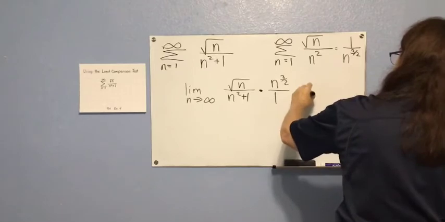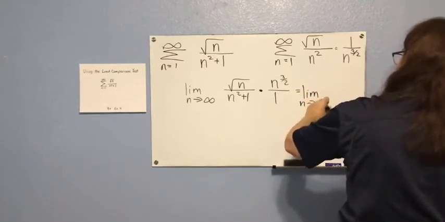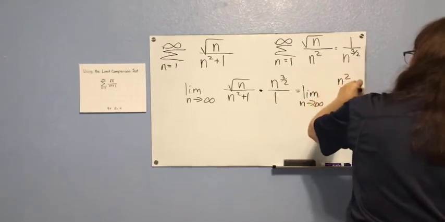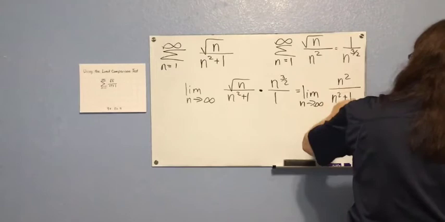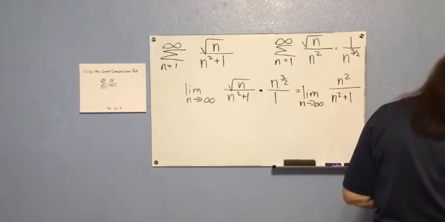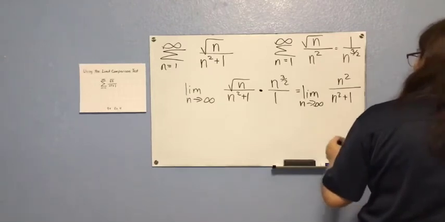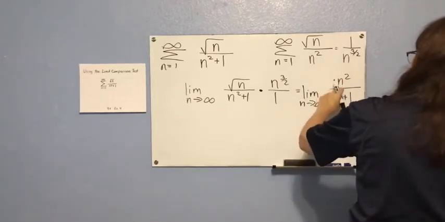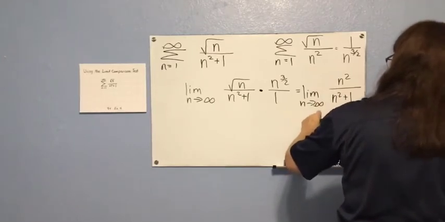So I'm going to get the limit as n goes to infinity of n squared on top over n squared plus 1 on the bottom. Okay, and as n goes to infinity, the 1 really doesn't matter anymore. And so I have infinity squared over infinity squared.